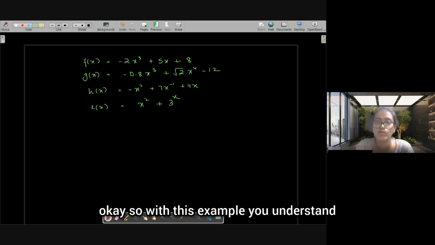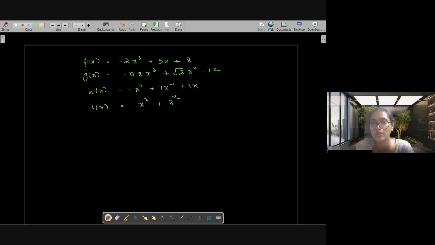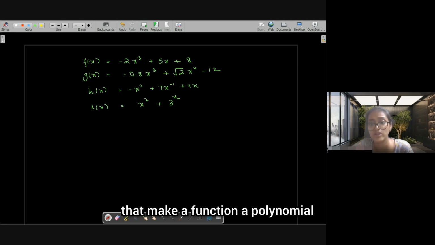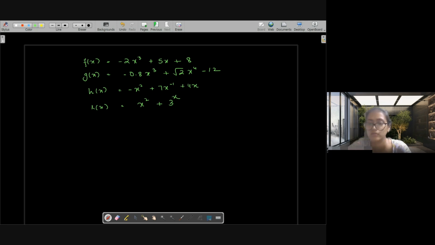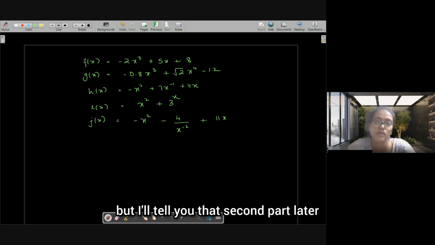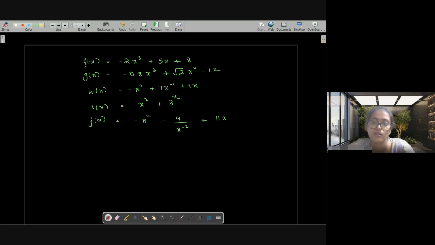With this example, you'll understand what conditions make a function a polynomial. What do you think? I'll give one more. There is a second part to this question, but I'll tell you that later.